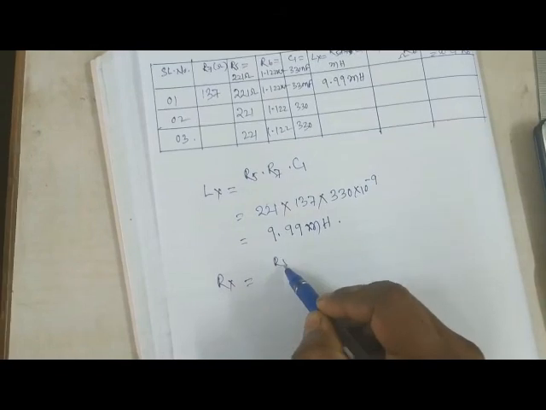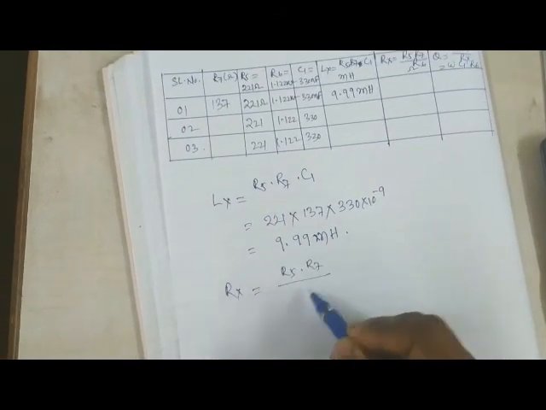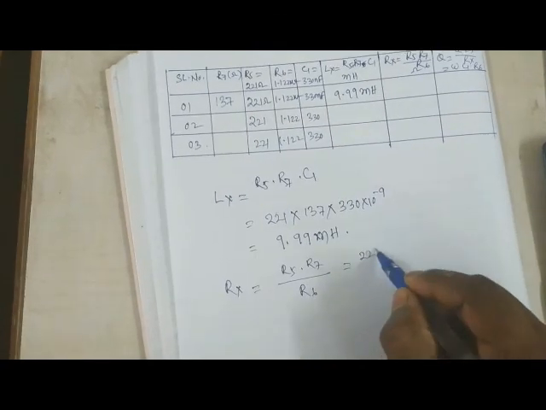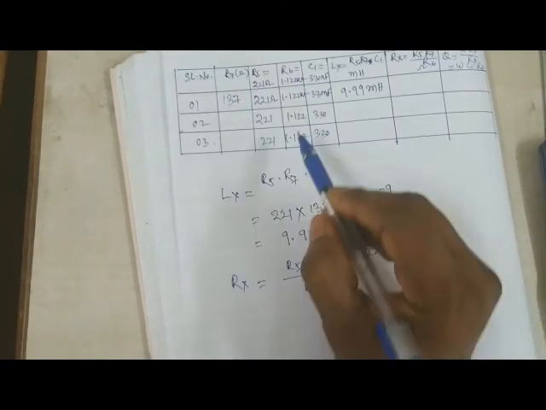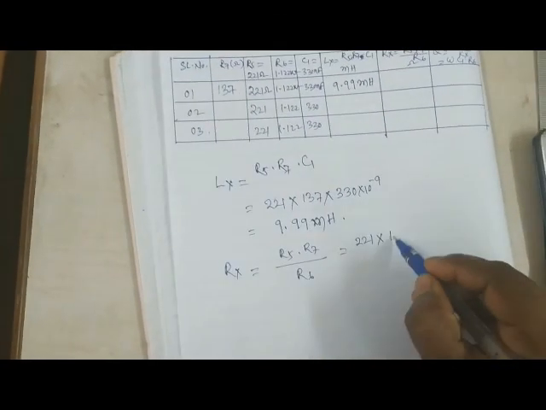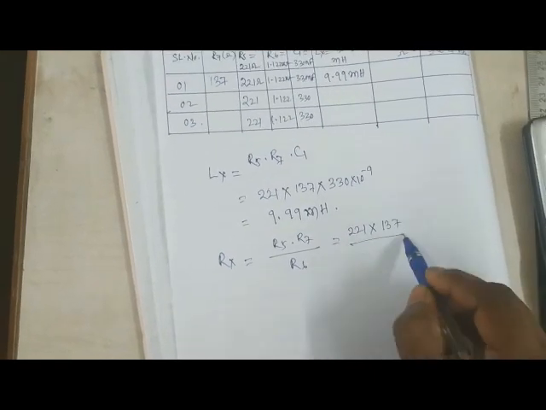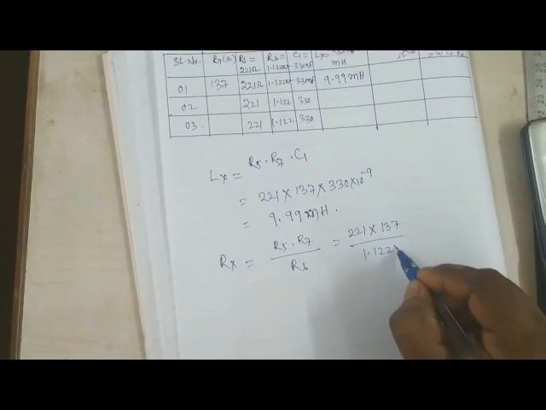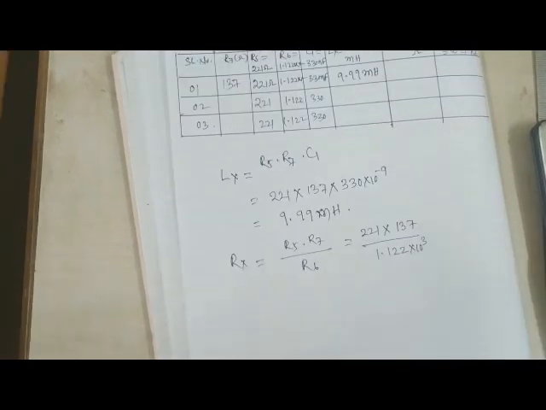So next find Rx. Rx equal to R5 into R7 divided by R6. So R5 is 221, R7 is 137, and R6 is 1.122 kilo ohm, means 10 to the power 3.